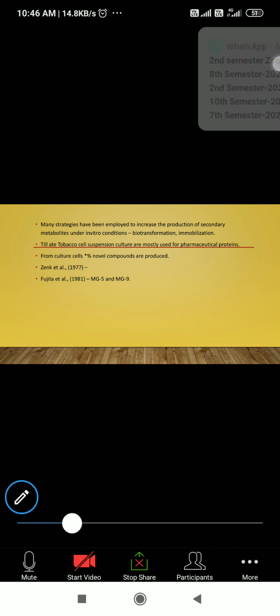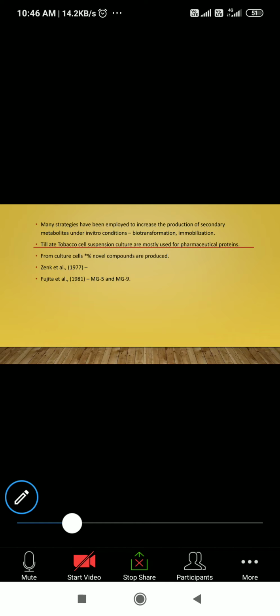Then another scientist came into existence, Fujita et al., in 1981. He worked on the erythrorhizon cell cultures, where he observed that these cells are able to grow best on LS media, Linsmaier and Skoog media, 1965.